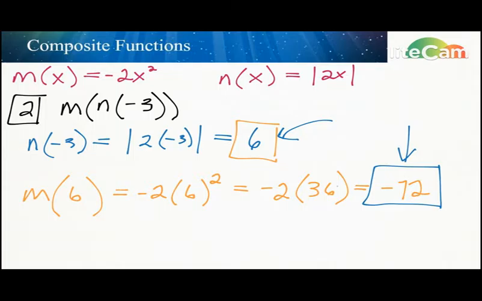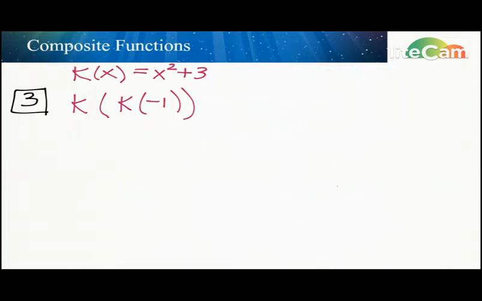Okay, let's try another one. Notice on this problem that you're going to take k of -1, work the inside, and then you're just going to use the same function again. So we're going to say k of -1, that's our inside, and we're going to find out what that equals. So -1 squared. Notice that when you put the -1 into x, that's when the negative actually is squared. So a negative times a negative is a positive, plus 3 equals 4.